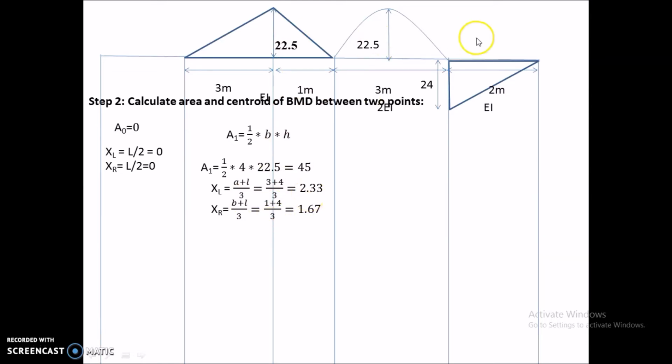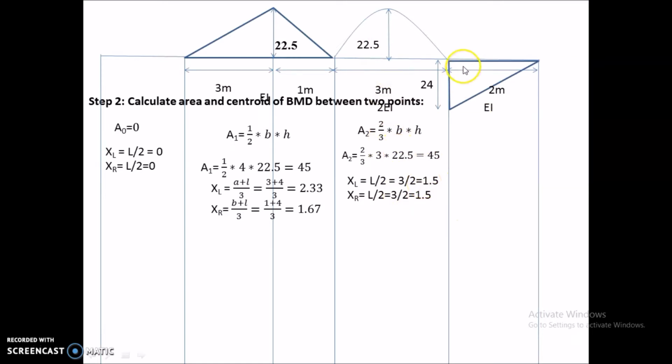Now coming to the parabolic part, that is BC. For a parabolic part, the area is 2/3 of base into height. That is 2/3 of base 3 and height 22.5, which gives the value of 45. XL and XR will be the same, at L by 2 for a parabola, so that is 3 by 2, 1.5.